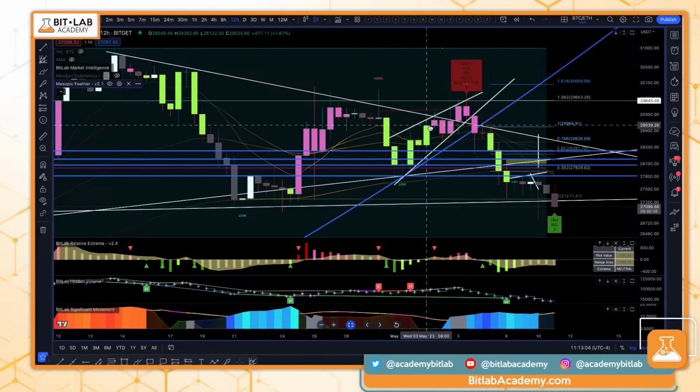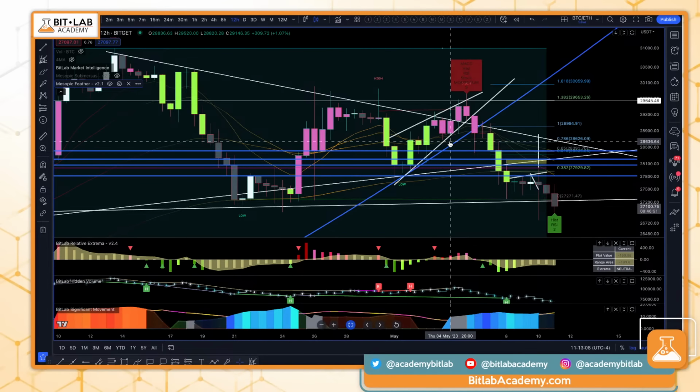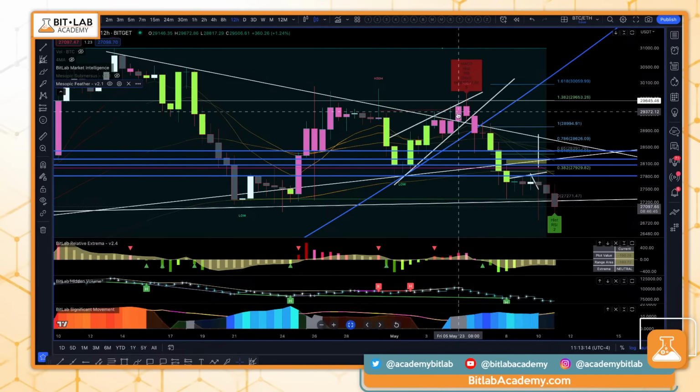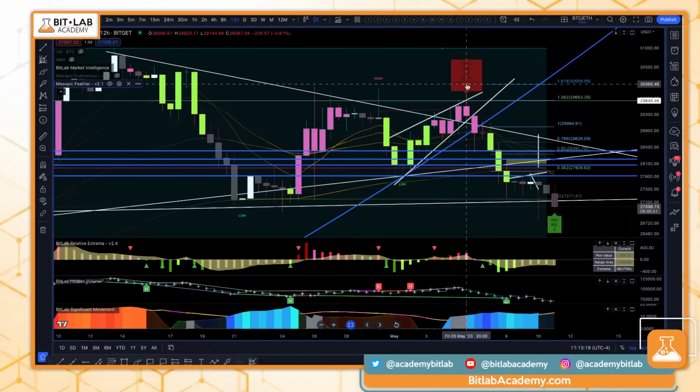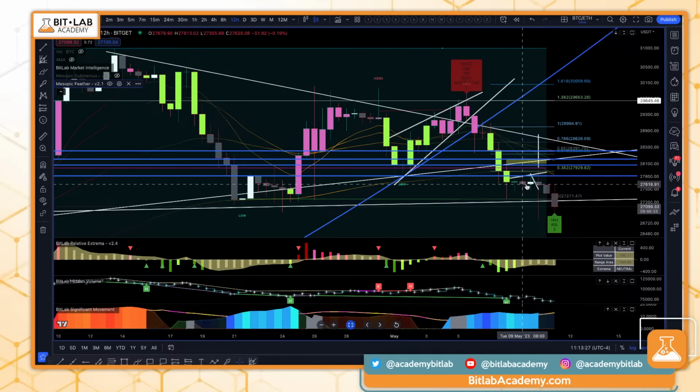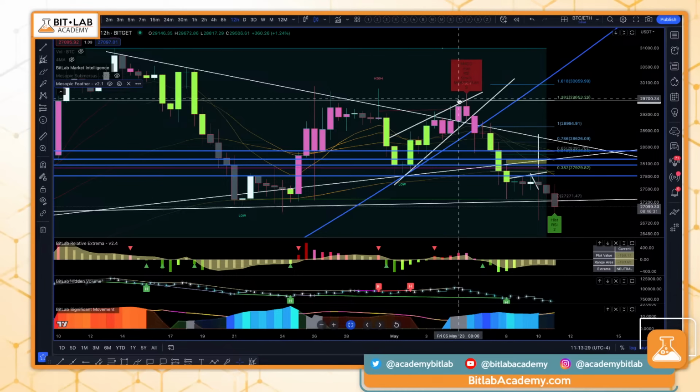Now, I would not have taken a short off just the pink candle or off these bars, which are signaled on the candles now. But when we get up into this zone of resistance on this price action, this candle has been pink leading up into this, and we get a bunch of bearish divergences. That would have been a clear signal to take profit on this move, or take a short to get out of this move to take advantage of the price to the downside.